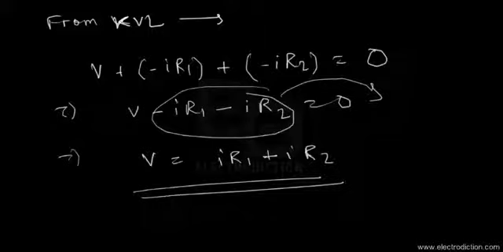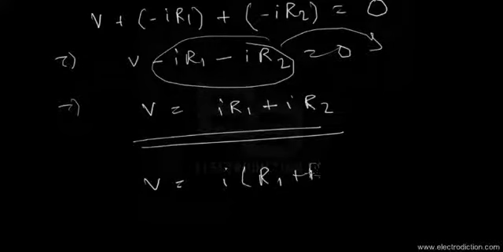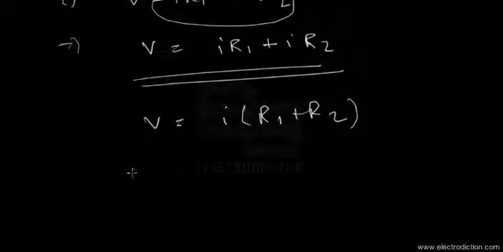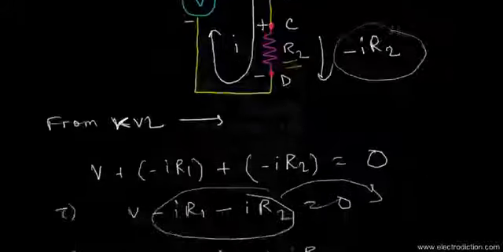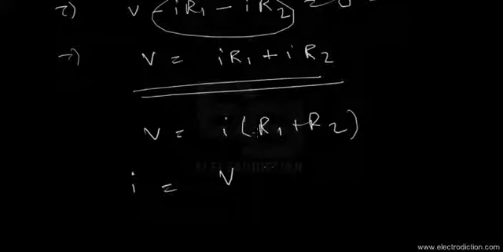Now we can see that I is common in both terms, and if we modify it this way, we'd find out the amount of current exactly flowing through the circuit. Doing that, we get something like this: I equals V by R1 plus R2.